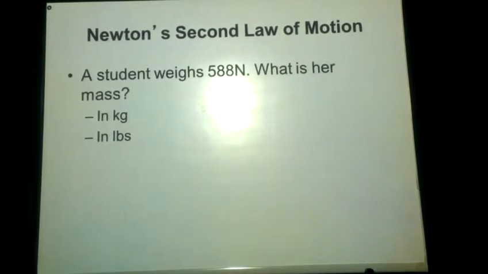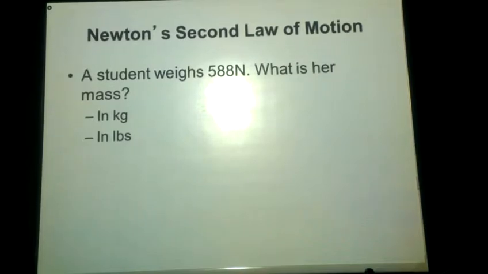And then if you want to convert that mass from kilograms to pounds, in every 1 kilogram, there's 2.2 pounds. So if we know that her mass is 60 kilograms, I can just take that times 2.2 to get how many pounds she is. 60 times 2.2 is 132 pounds.